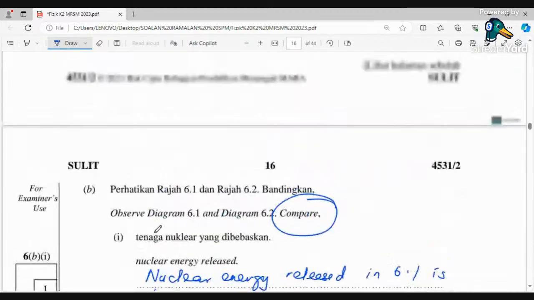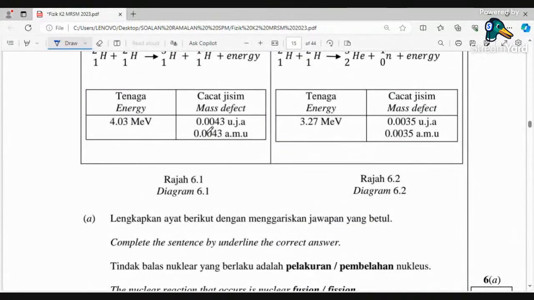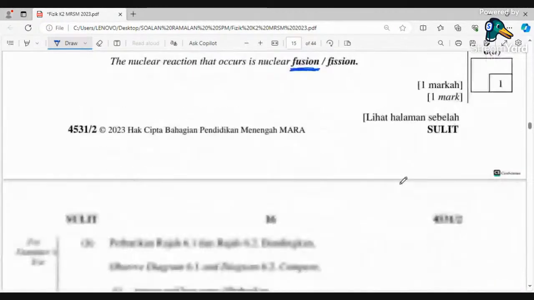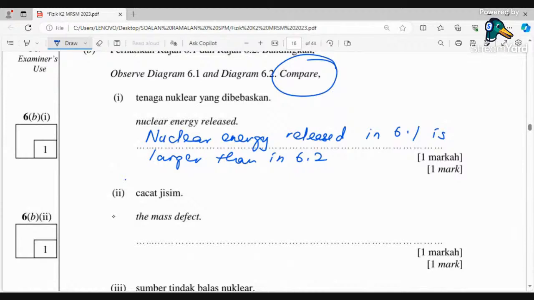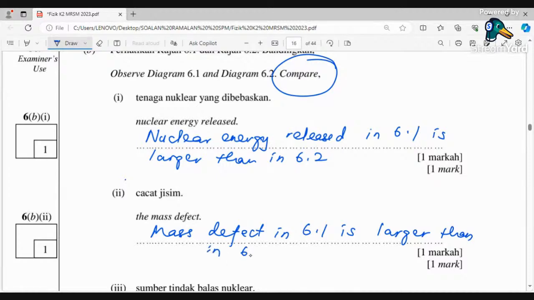Okay, mass defect, this is 0.0043, this is 0.0035. Mass defect in 6.1 is larger than in 6.2.